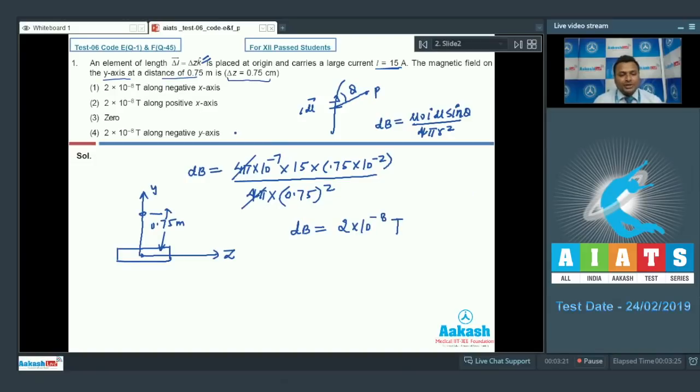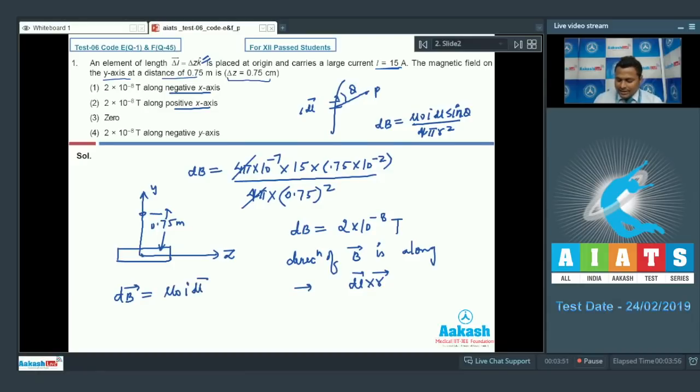But after looking at the options, we have to calculate the direction of magnetic field also. Now we know that the direction of magnetic field will be along dl cross r. If you write the Biot-Savart law in vector form, that will be vector dB equals mu naught IDL cross r divided by 4 pi r cube.